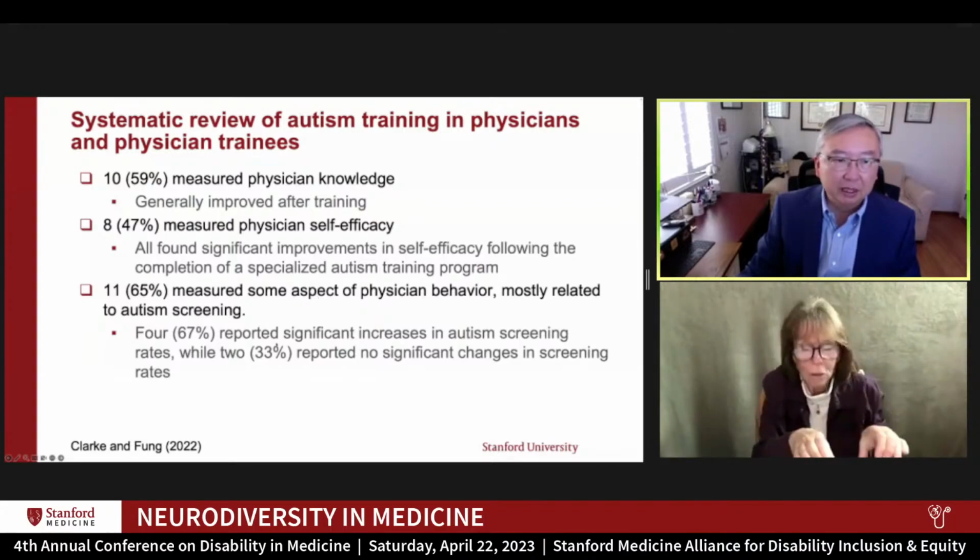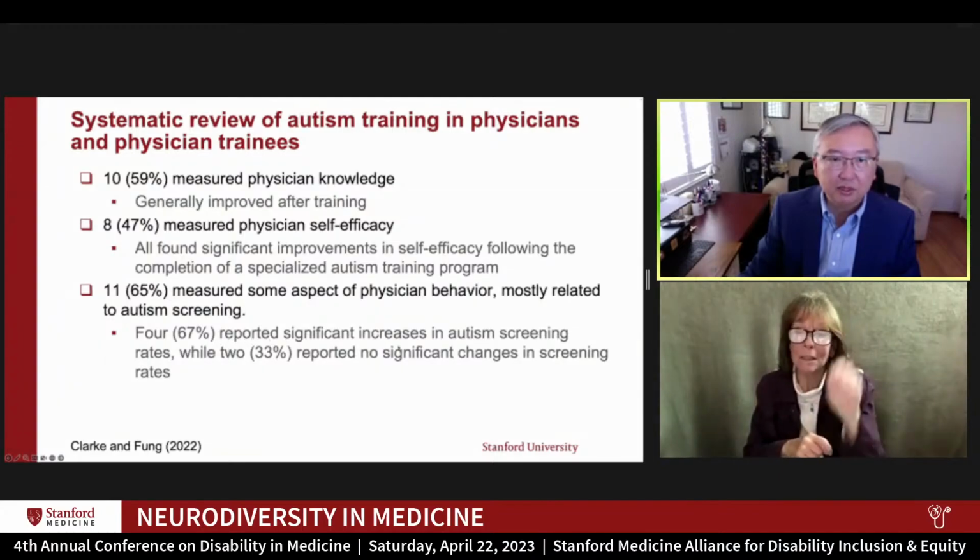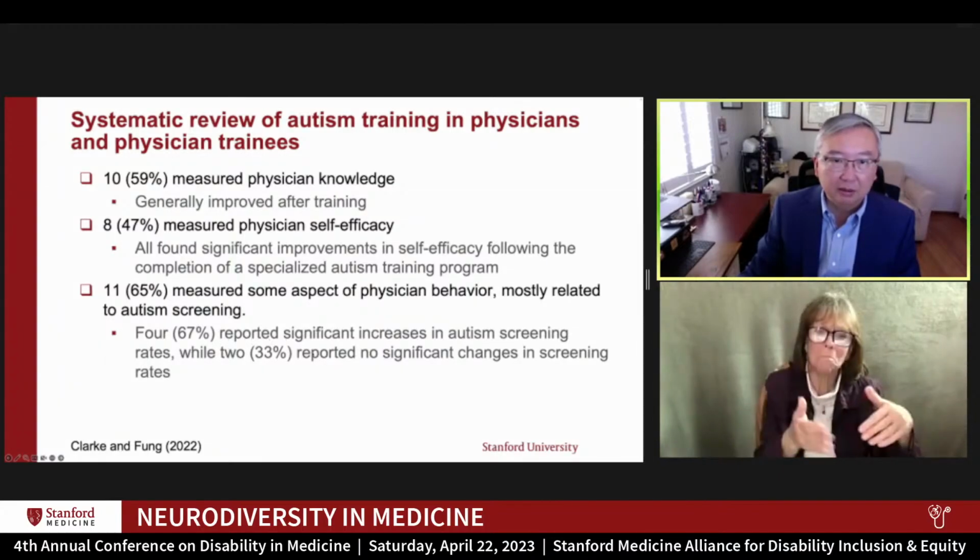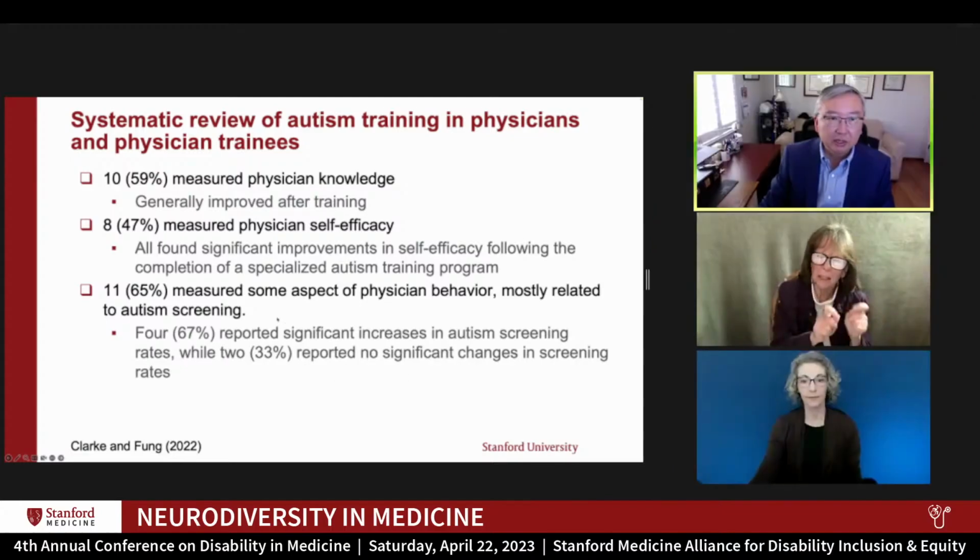And among them, 67% of the studies report significant increase in autism screening rates, and only 2 reported no significant changes. So definitely, the self-efficacy is the most robust data from what we are seeing in terms of the success in improving outcome.